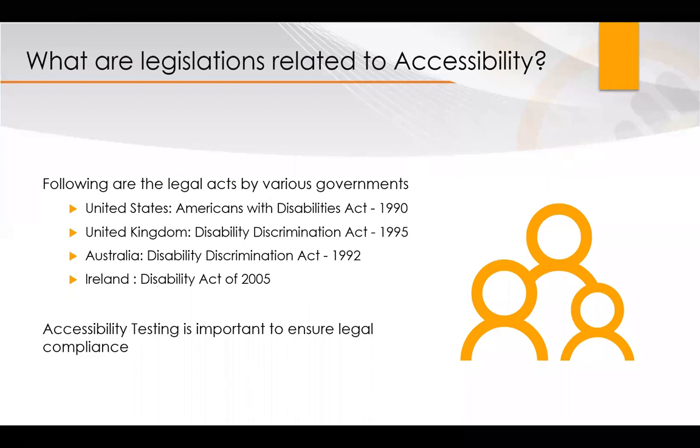These are the other laws: the United States Americans with Disabilities Act, the United Kingdom Disability Discrimination Act 1995, Australia and Ireland, and so many more. Whatever country you are in, you would most likely have laws and legislation for accessibility.